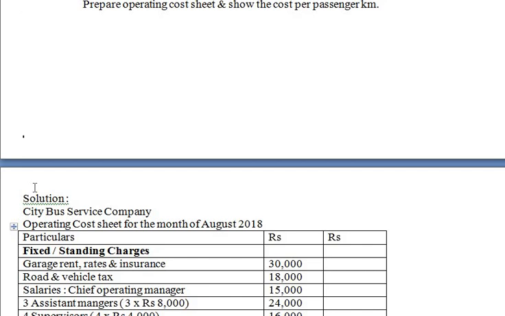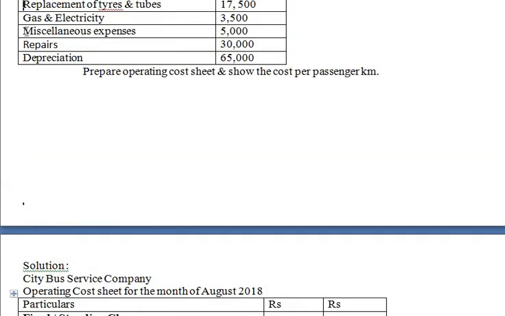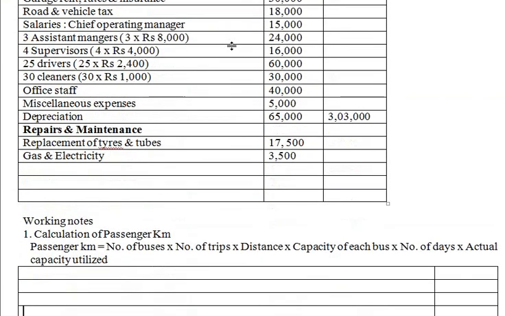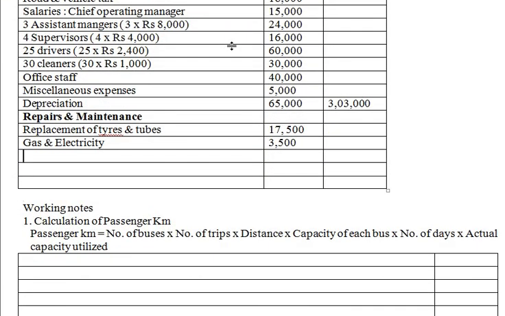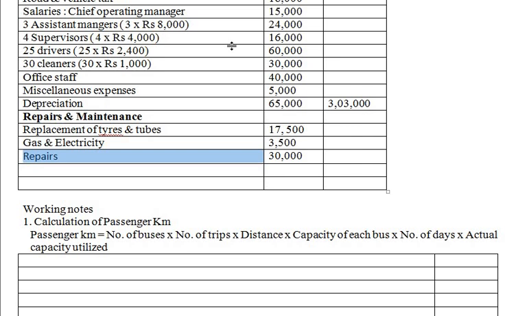Then again go through the problem, check repairs they have given. Yes, repairs. Now make a total. That total is 51,000. Take it in the outer column.